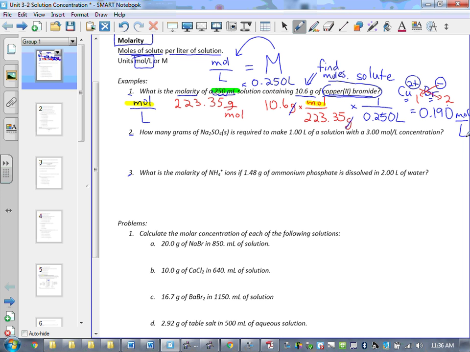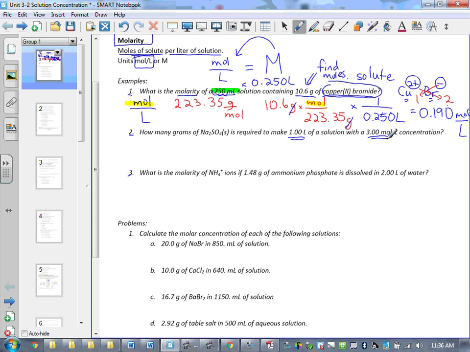Okay, this question's a little bit different. Question 2 is pretty practical. So I need to get ready for a lab for you guys. I know I need to make a liter of solution, and I know it needs to have this concentration. So I can't count out 3 moles because I would be counting for several lifetimes, and then divide it in 1 liter.